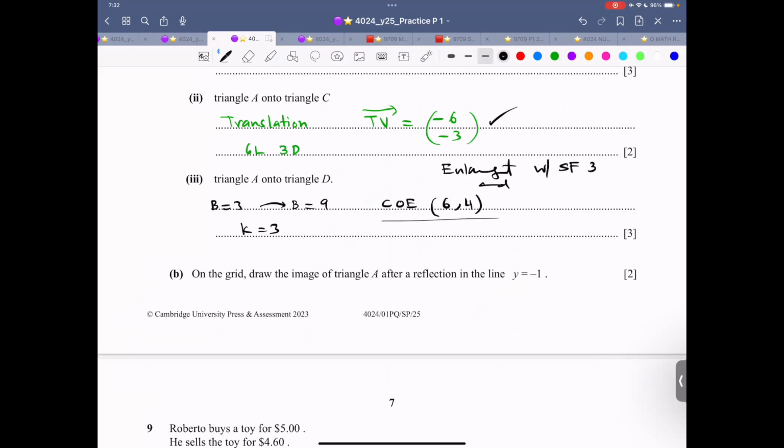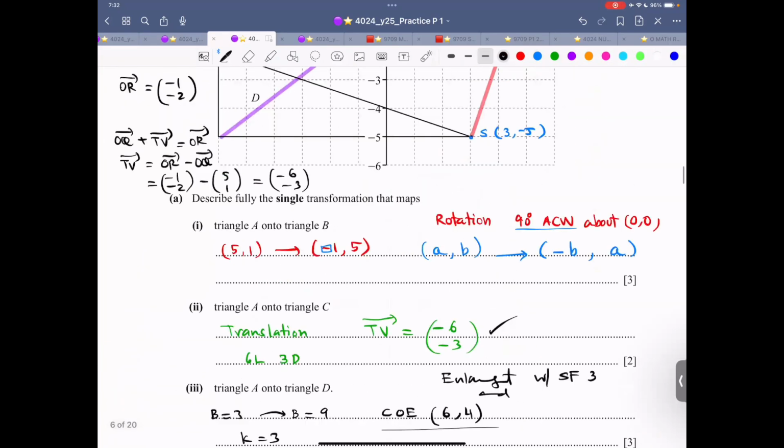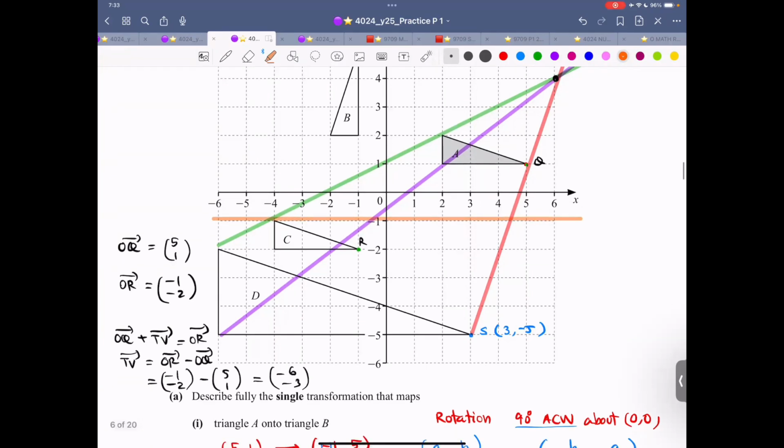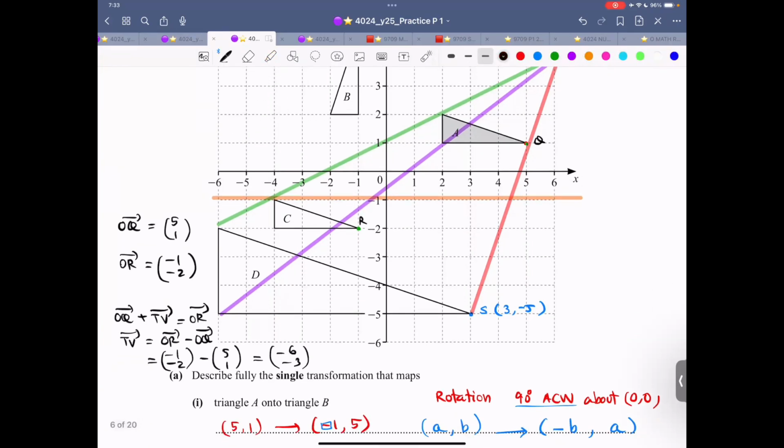On a grid, draw the image of triangle A after reflection in the line y equals -1. So now let me draw the line. y equals -1 is a line that's going like this. And I want to reflect this. This point over here is 2 units above the line, so 2 units below the line.